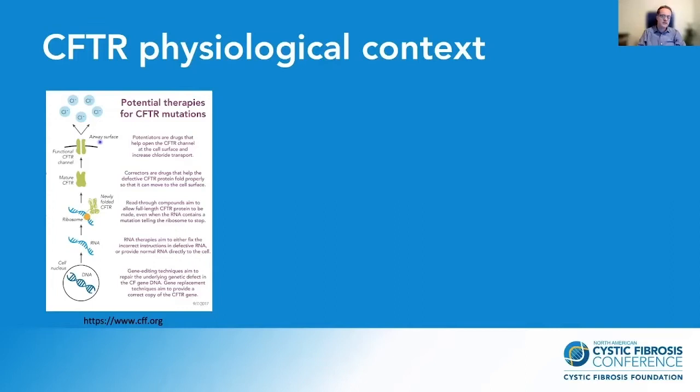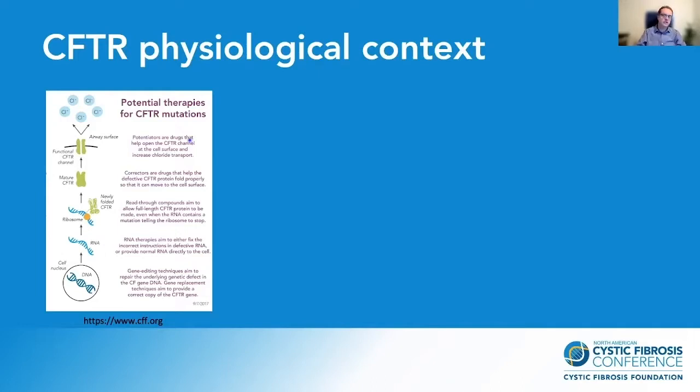Today, we have drugs that can also be used in combination that target these two aspects of the production of CFTR. And these really ameliorate life for the majority of patients with CF.